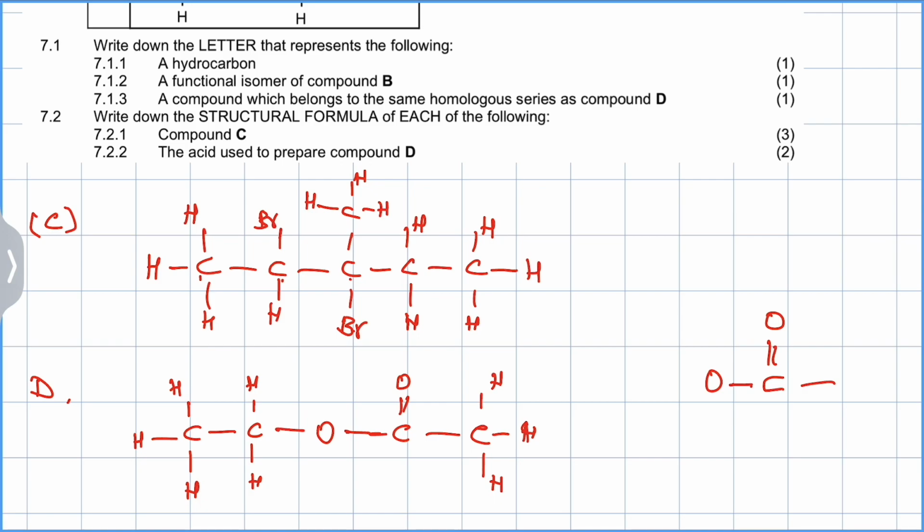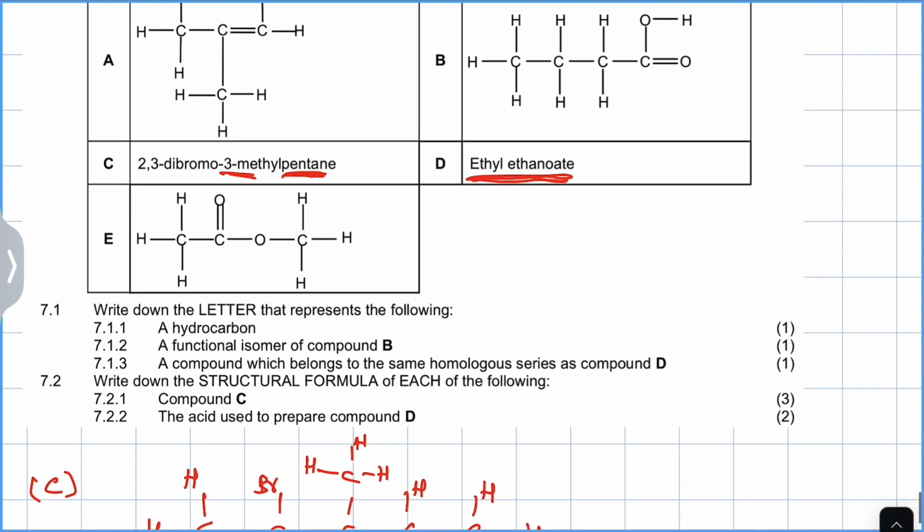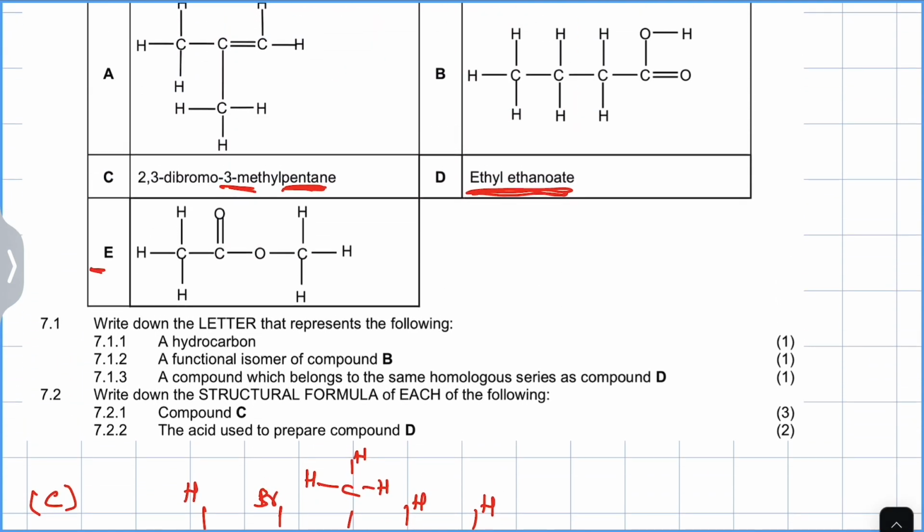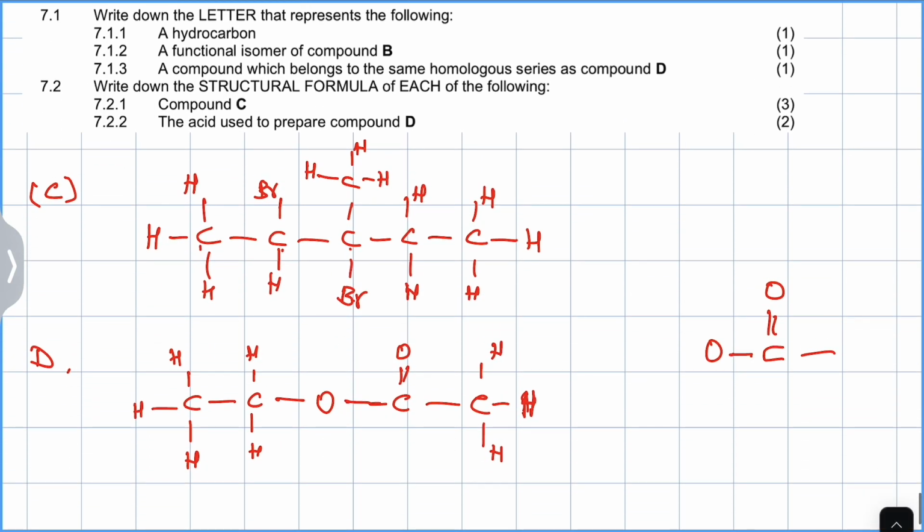So that is compound D, the ethyl ethanoate. And then compound E is given. That's another ester. So now we have all the structures.